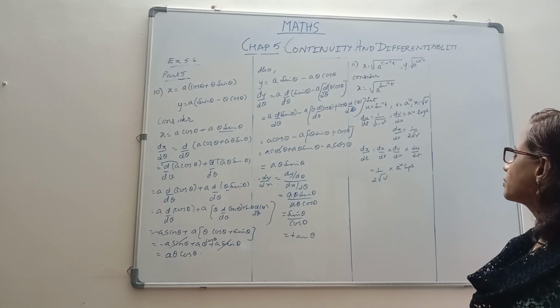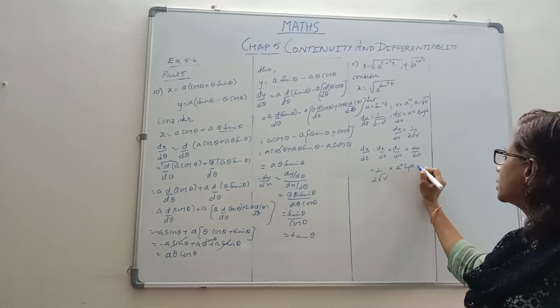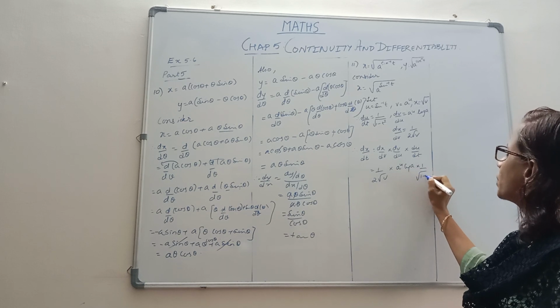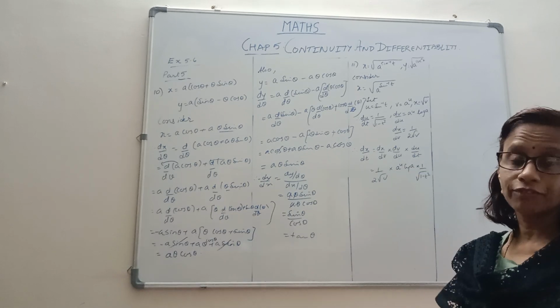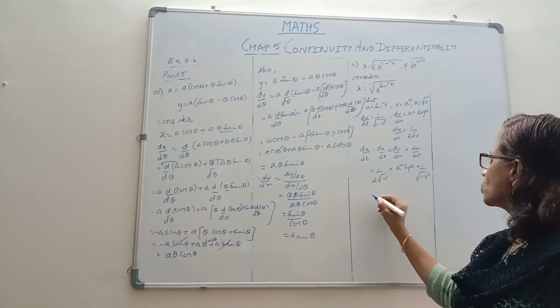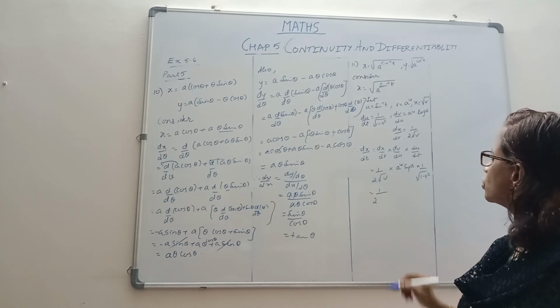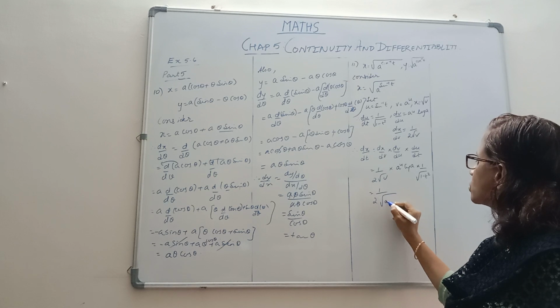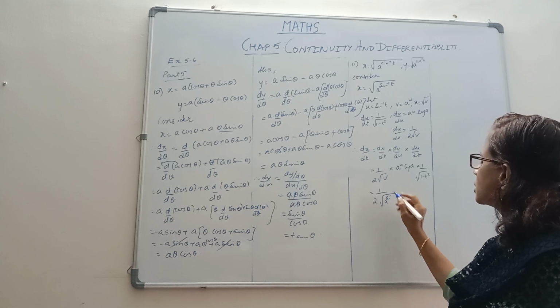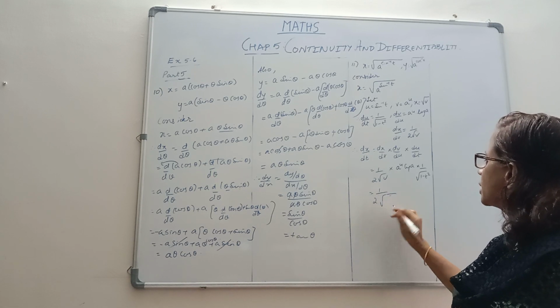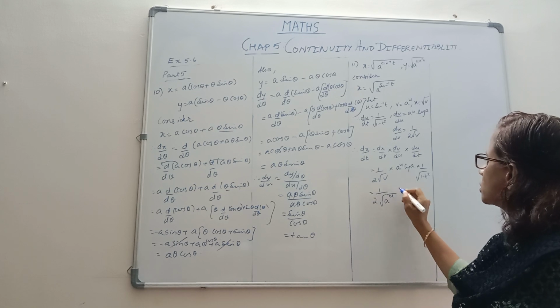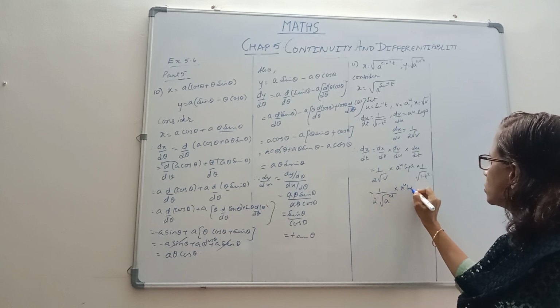Then du by dt is 1 by root of 1 minus t square. So we have to revert back everything in terms of t. So v is a raised to u, which is a raised to sine inverse t, and this is also a raised to u log a.